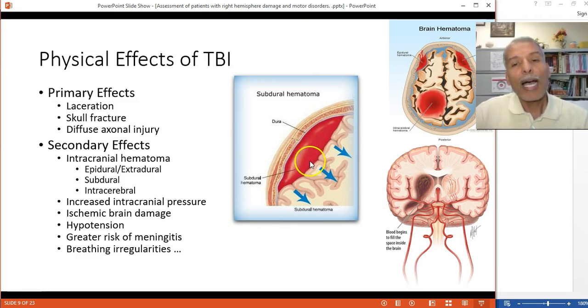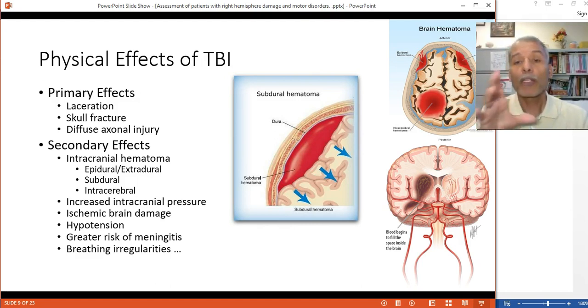Accumulation of blood outside of a blood vessel somewhere. And when you have that accumulation it is going to put pressure, because if a blood vessel is severed, it's going to continue to leak blood, and the blood is going to continue to put pressure on the brain.